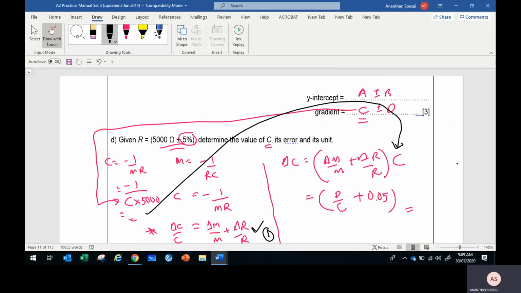That's it, 8 plus minus 1. I got it like this: 10.81852 decimal. So your capacitance also gives 3 significant figures.